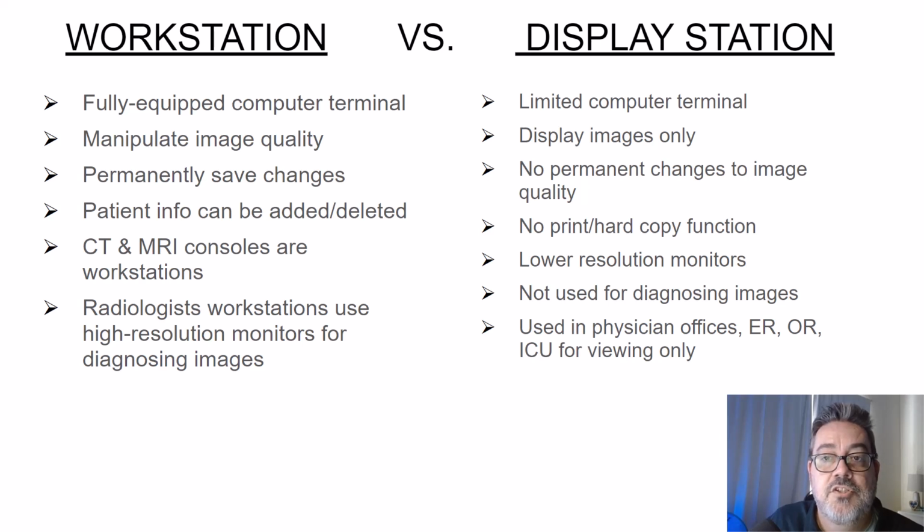But essentially, just remember not to manipulate the image prior to sending it to PACS. This can remove data from the image set that would normally allow the radiologist to use their superior viewing systems, their more expensive monitors and software, to see more than you can at the console on your low resolution monitor. We'll definitely cover more on that later.